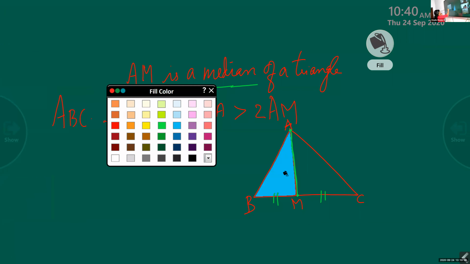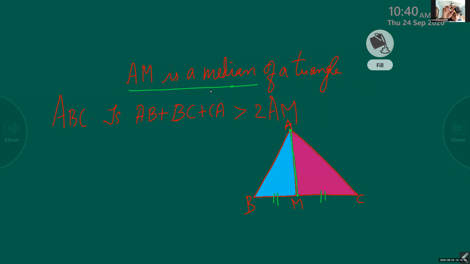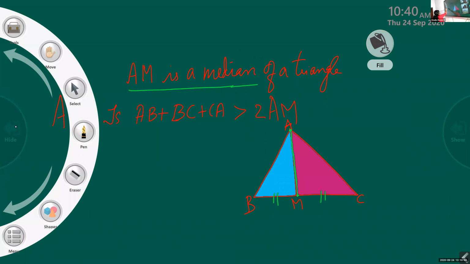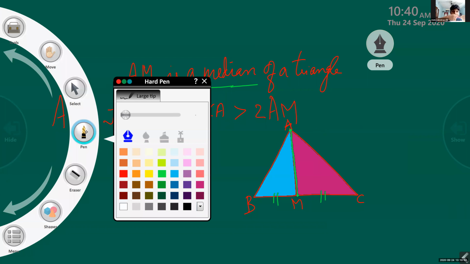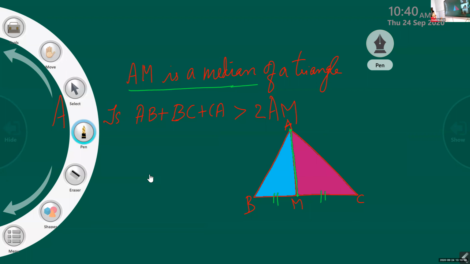Now you have two triangles. So what is the asked question? AB plus BC plus CA. We have to show that it is greater than 2AM. That is the question. So let us check.